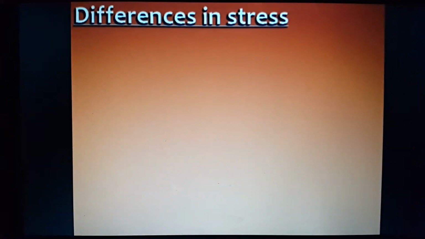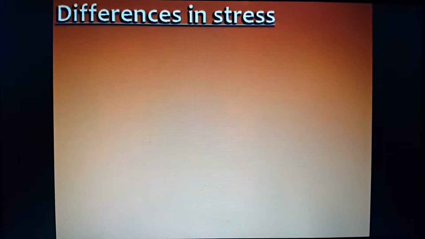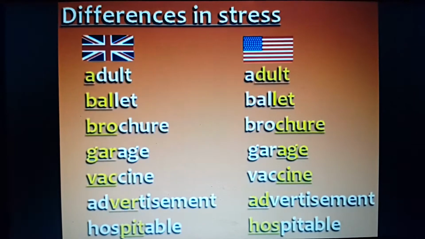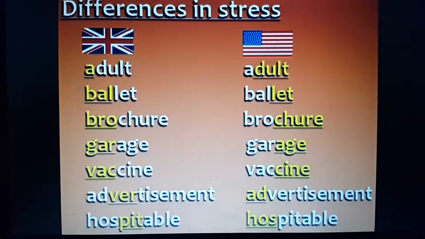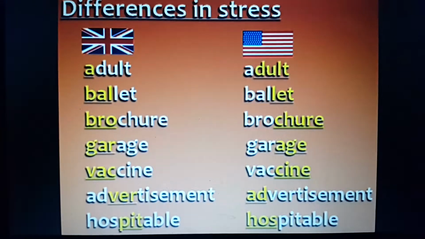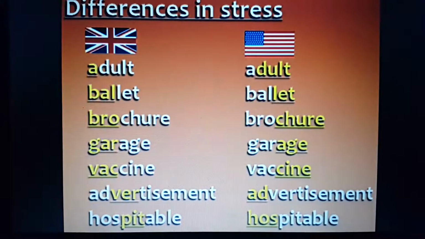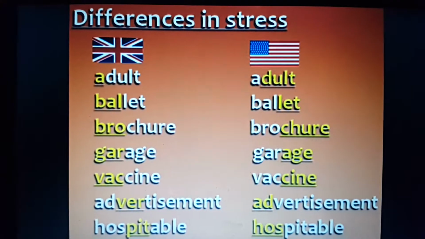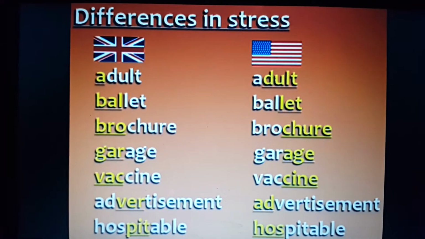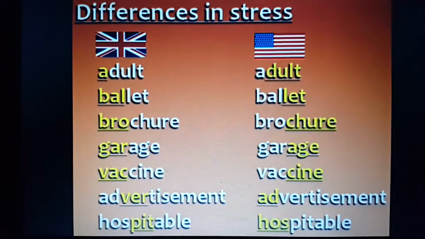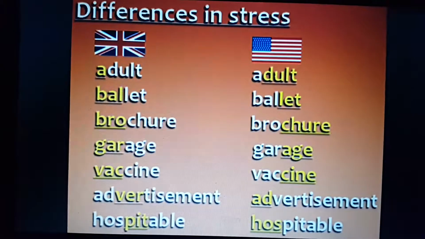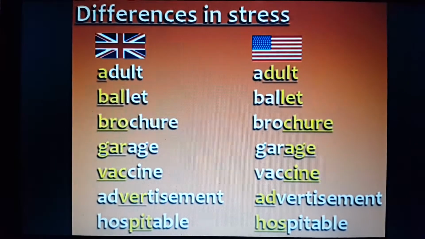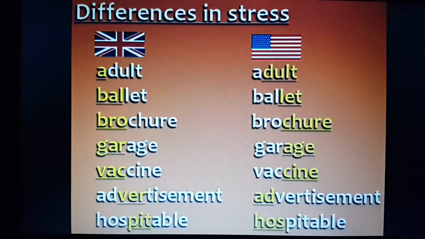American English have some differences in the stress of certain words. Listen to the pronunciation. First, the British English, and then the American English. Adult, adult. Ballet, ballet. Brochure, brochure. Garage, garage. Vaccine, vaccine.